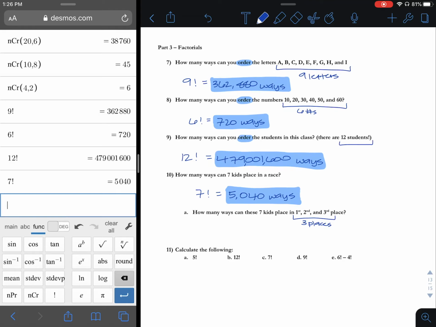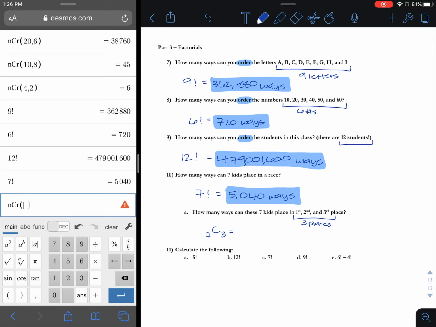So not factorials. I have 7 kids, and I want to pick 3 of them for first, second, and third. So this is a choose problem, okay? So again, in my functions, nCr, 7, 3, I have 35 ways.